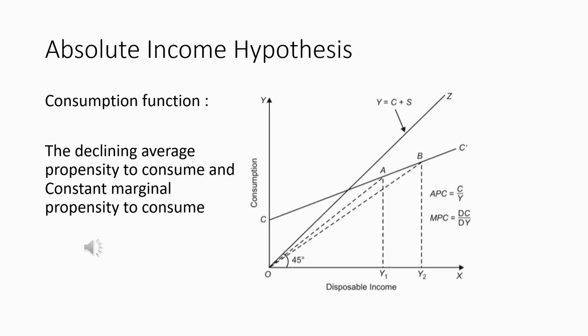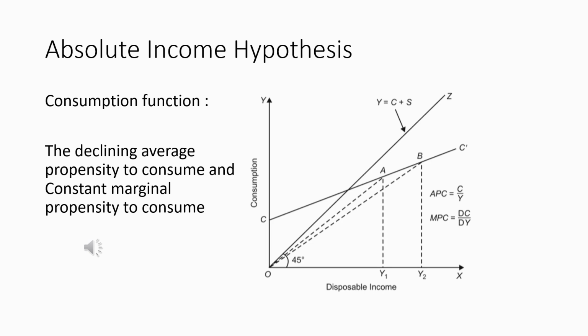This is because people protect their consumption standards by not reducing their consumption proportionately to the reduction in their income. Implication of the proposition that marginal propensity to consume is less than average propensity to consume as income increases is that the ratio of consumption demand to income falls.